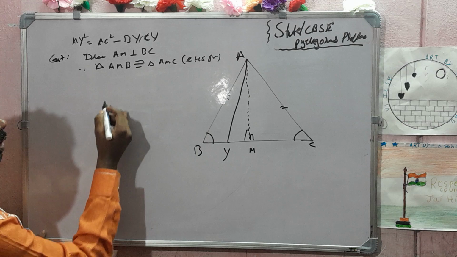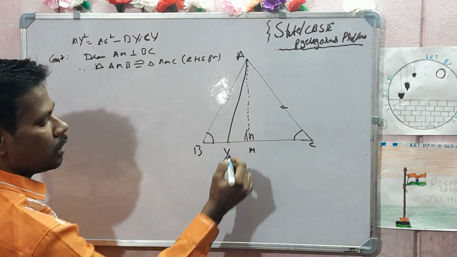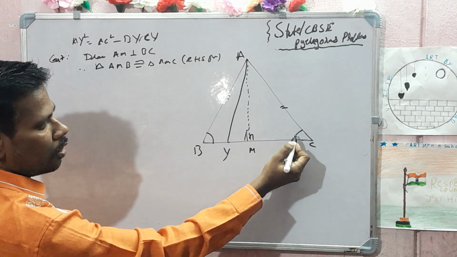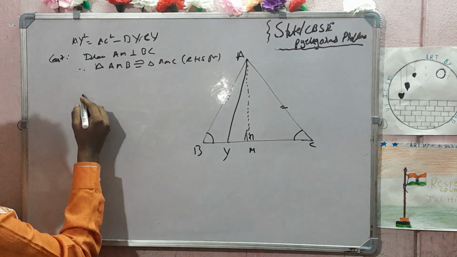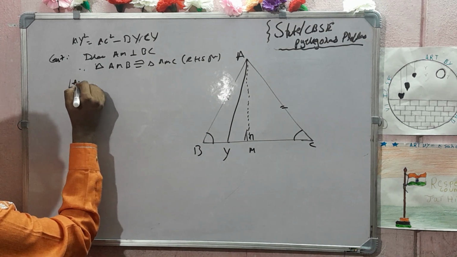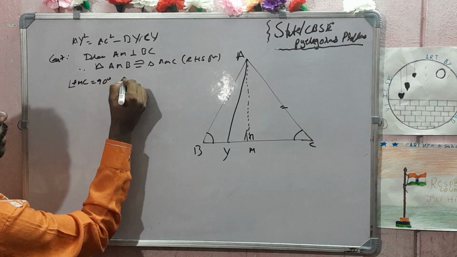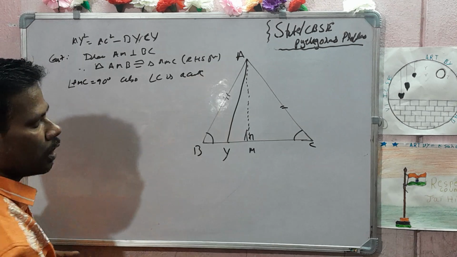From this, if you consider this one, this is 90 degrees, no? So obviously this angle is acute, right? Angle AMC is equal to 90 degrees. Also, angle C is acute, right?